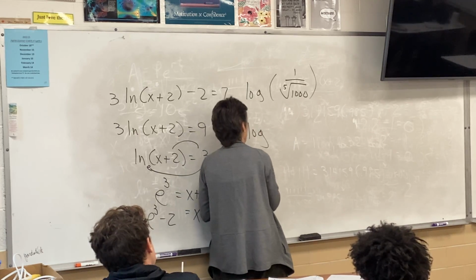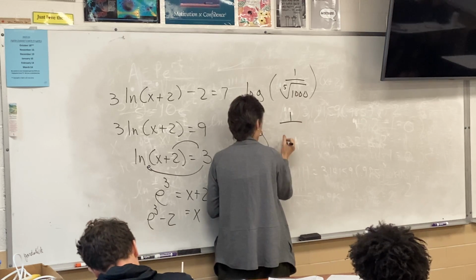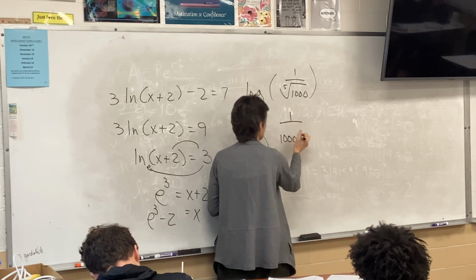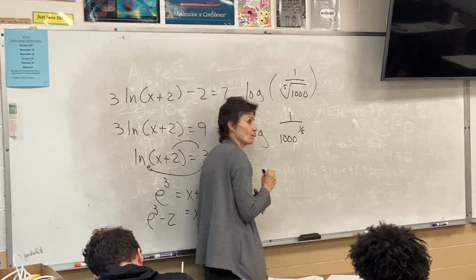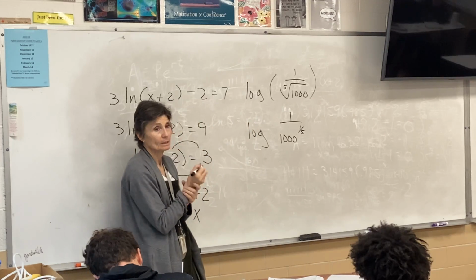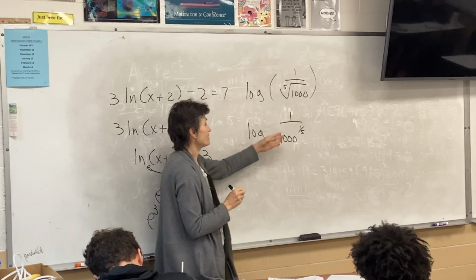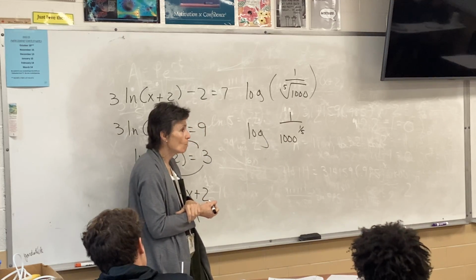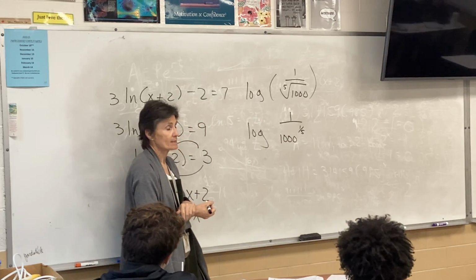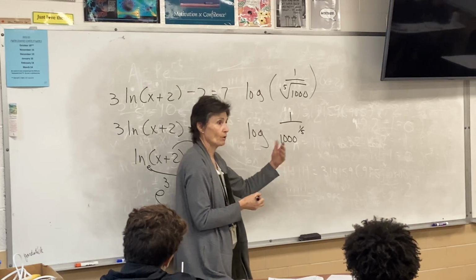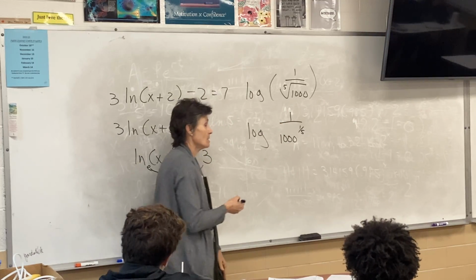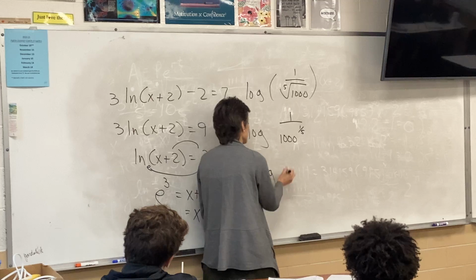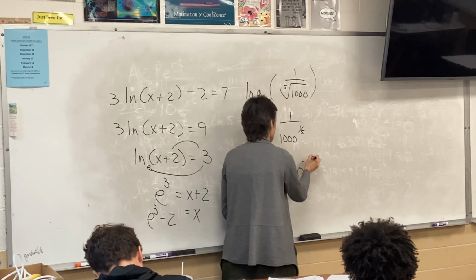So this is the log of 1 over 1,000 to the 1/5. Would you agree with that? And then I see this 1 over. Well, 1 over means that before it was 1 over, it was a negative exponent. So this is the log of 1,000 to the negative 1/5.